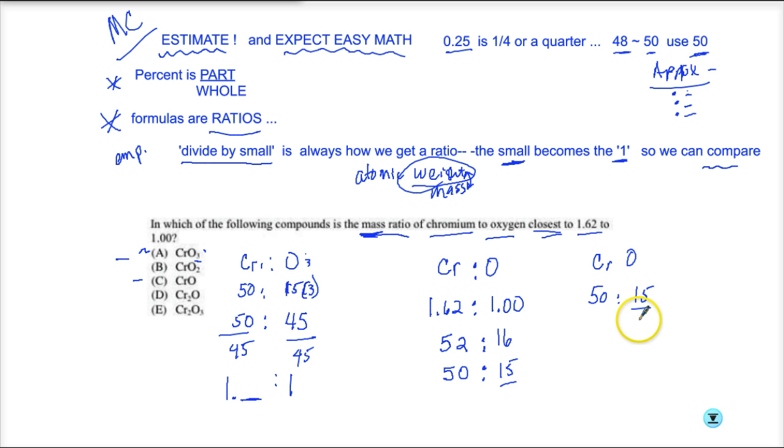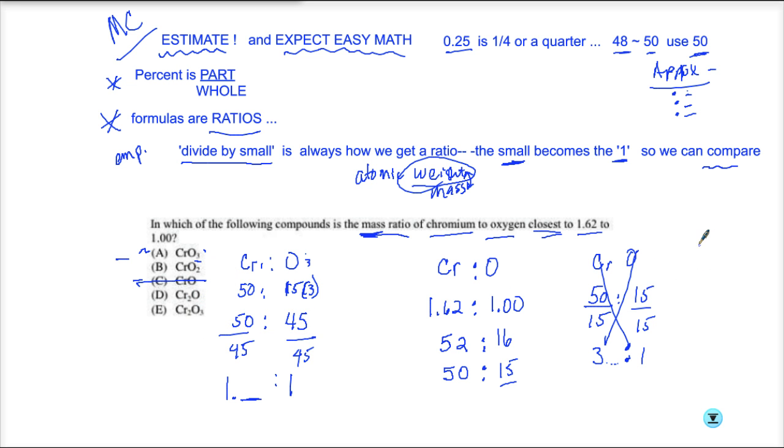If I'm looking at the ratio, 15 is my 1, and 50 is going to be 3 something. So this is not in the ballpark because the mass ratio is 3 times as much. This shows 3 times as much chromium as oxygen. So this is incorrect, and I can wipe C out.